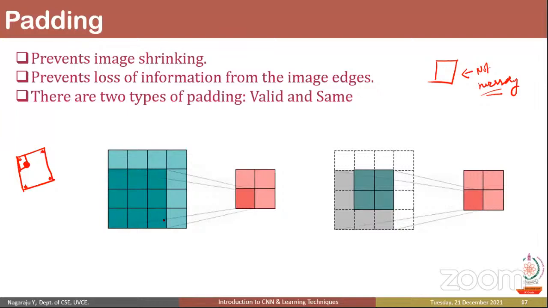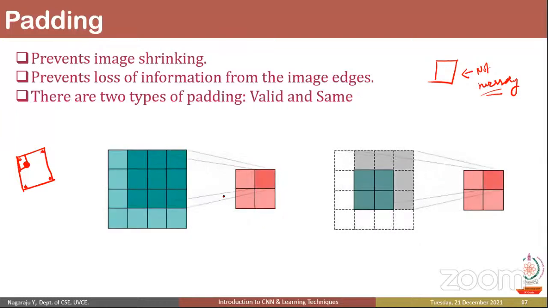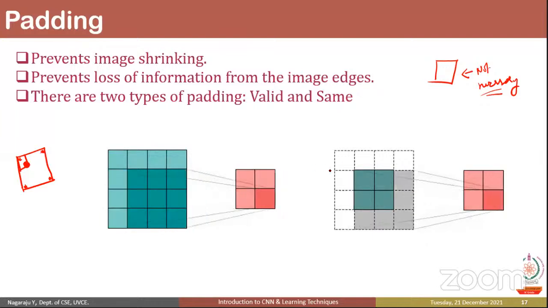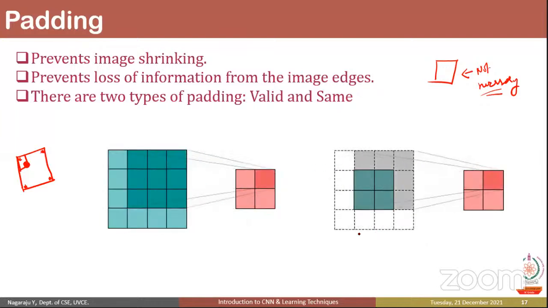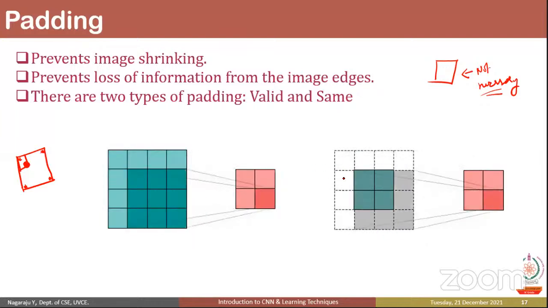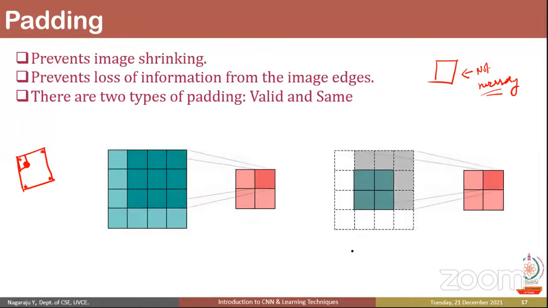We have a 4x4 image and a 3x3 filter, and we are going to get an output like this. But we want the output matrix to be the same as the input matrix. Then what to do? Just pad the image with zeros like this. Around the image, you just add zeros.